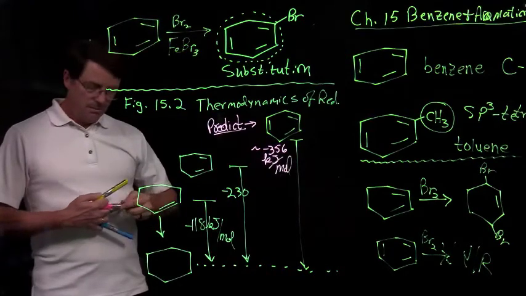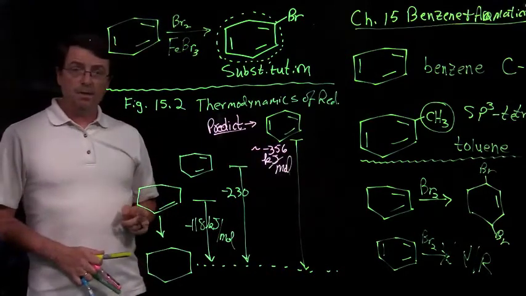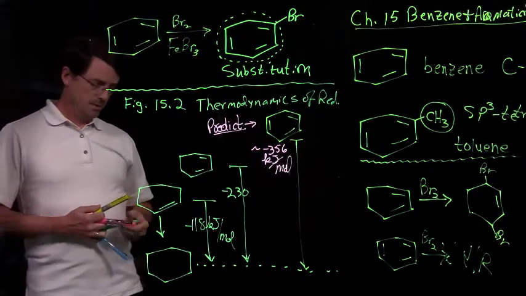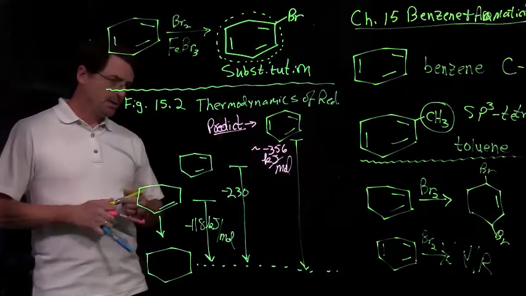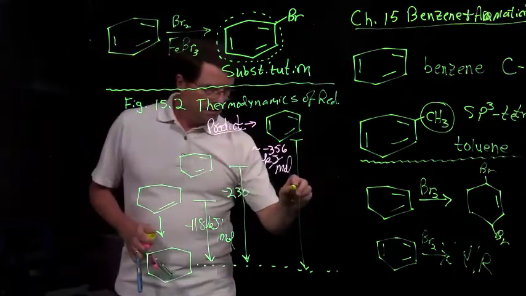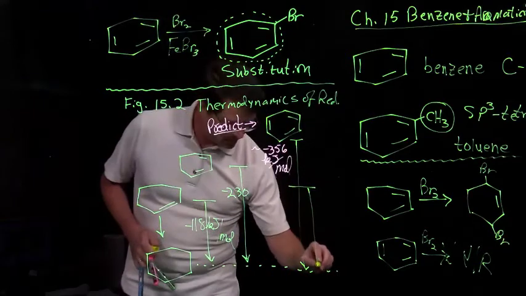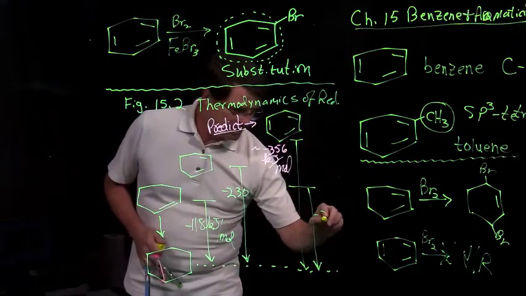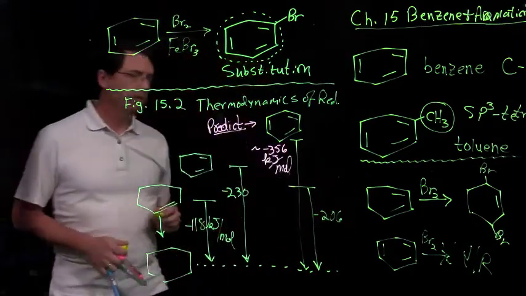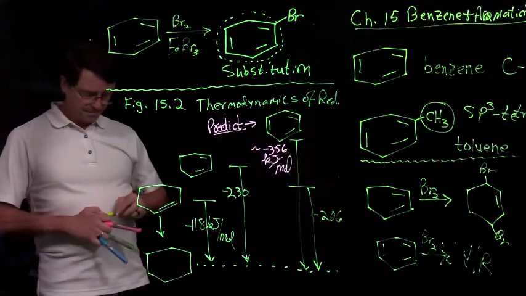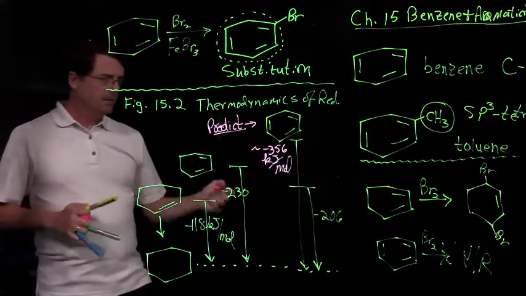But when we go and do the experiment, this is why experiment and real data is so important. When we do the actual experiment, we see that benzene actually only releases 206 kilojoules per mole.